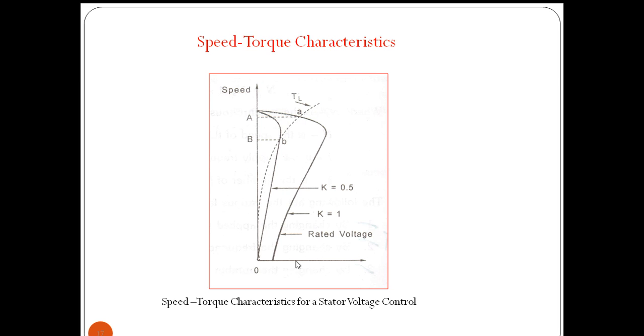When the rated voltage is applied to the motor, this is the speed. Speed OA is the speed of the induction motor, and when the voltage is reduced to half, these will be the speed torque characteristics, and this is the speed.